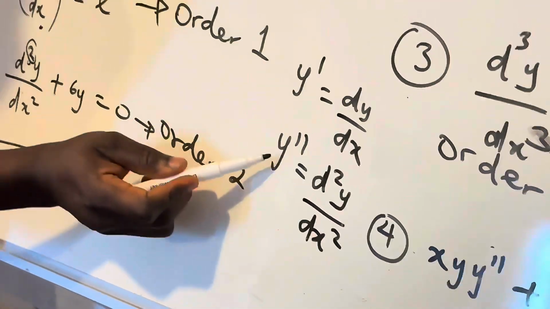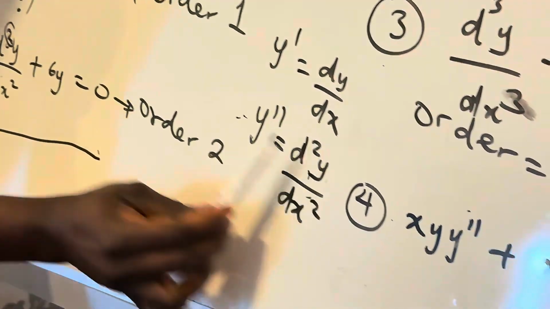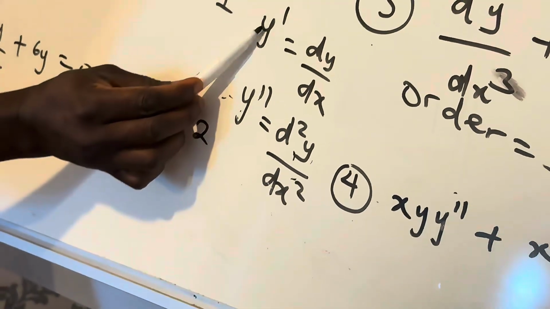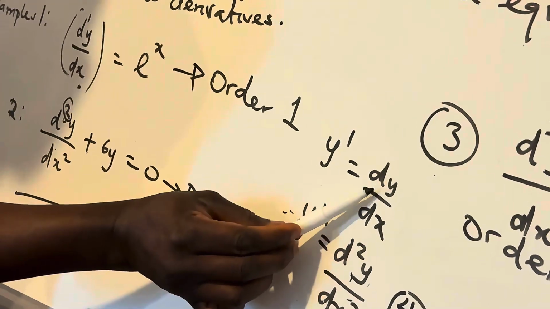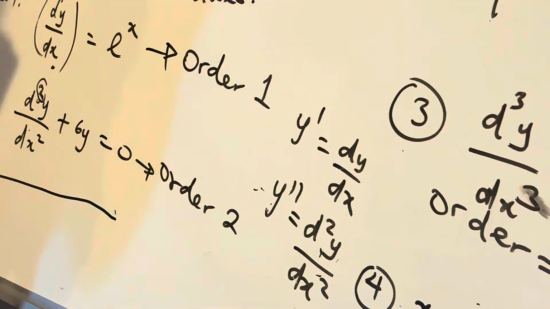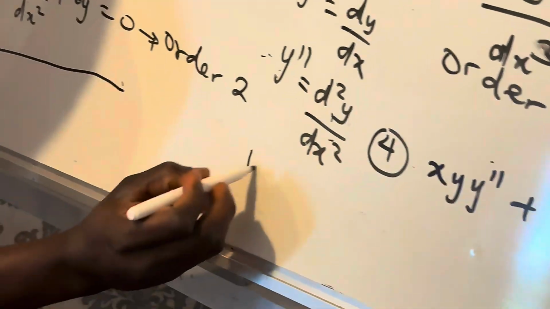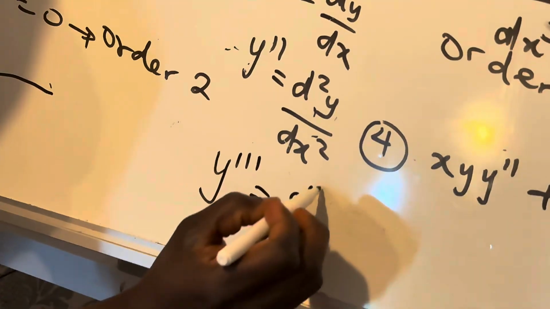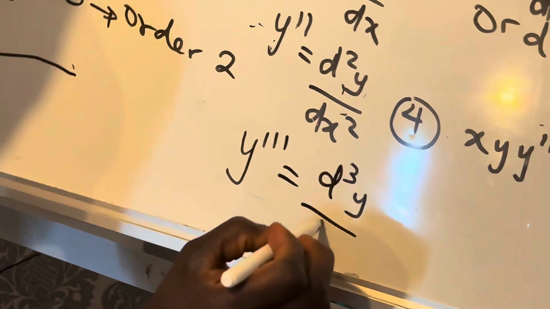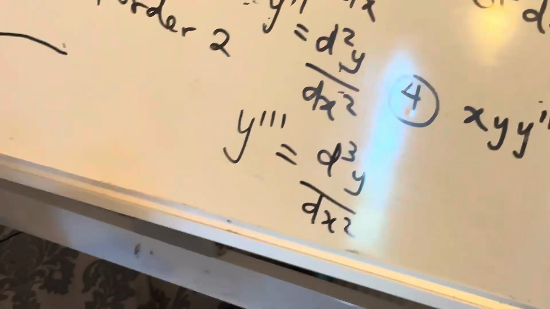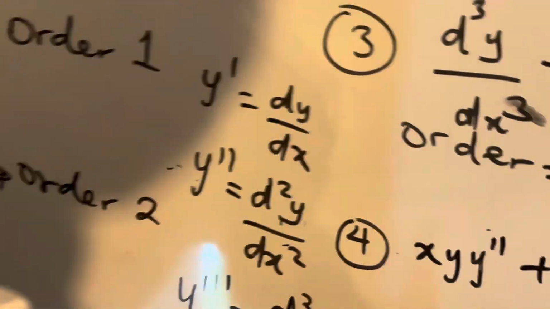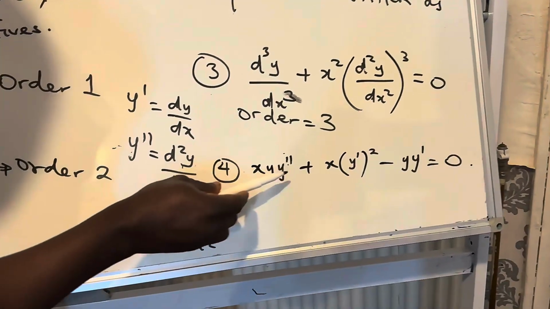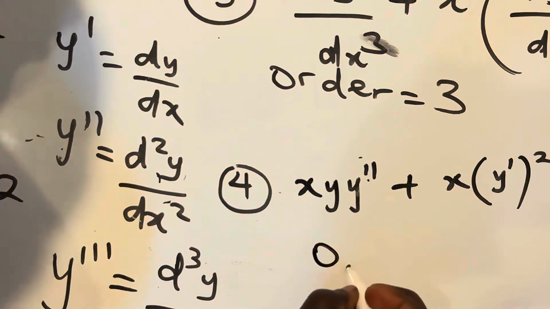So y double prime is the same thing as second order differential equation, and y prime is the same thing as first order differential equation. Definitely, if we have y triple prime, that will be third order differential equation. So the highest order here is 2, so we have order of 2.